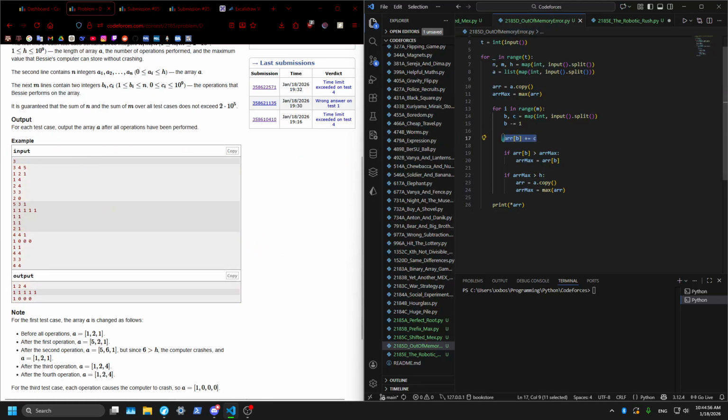We only care about if this exceeds, because that's the only variable we're incrementing. Wait, this is big. So here you go, copy. If RB greater than H, then we create a new copy. So we don't even need max at all. So that halves the runtime.